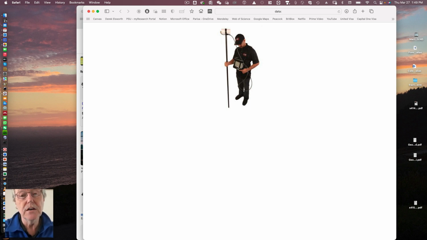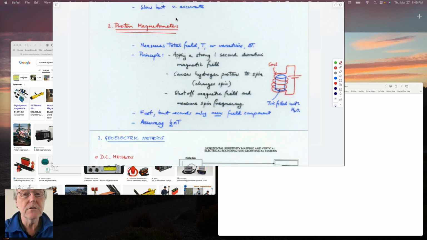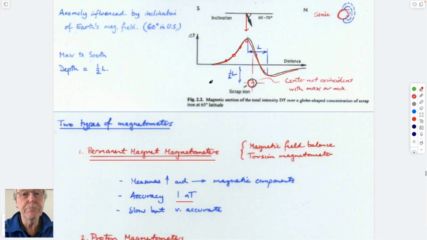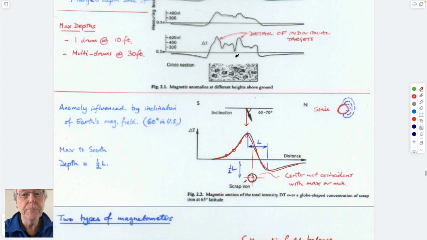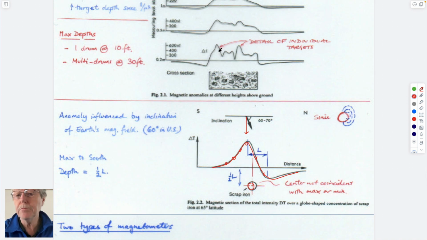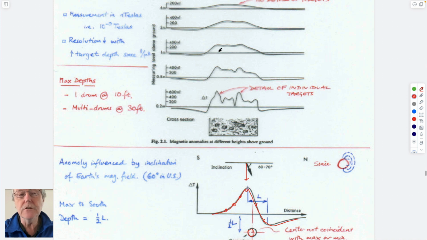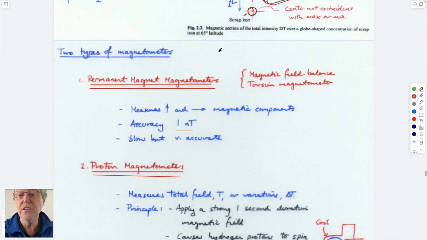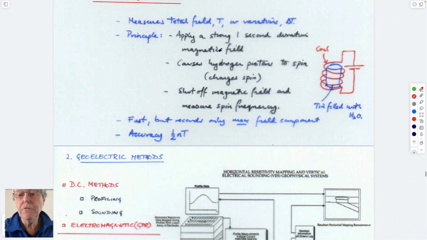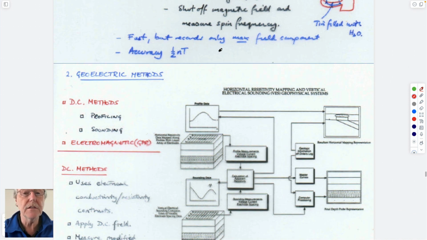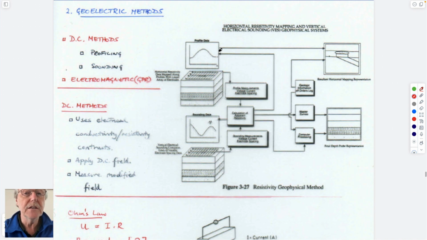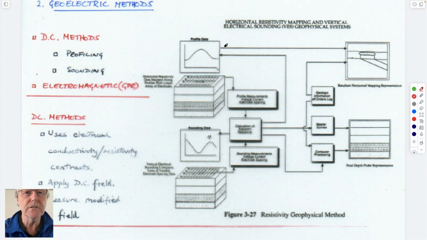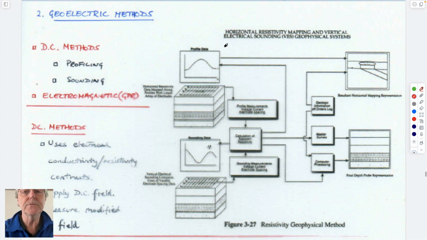It's attached to GPS to be able to locate where you are, and as a result of that you can put together some kind of profile that looks like this, or that maybe looks like this, which allows you to get some granularity of exactly what's present in the subsurface. So quite commonly used. But you're looking for metal targets, not for anything else other than that. So if you don't have an iron, a ferrous source, an iron source, then you won't pick up anything.